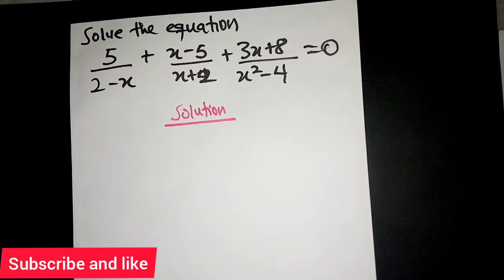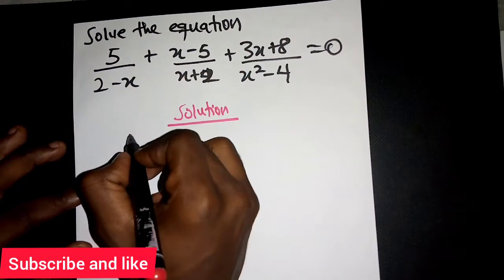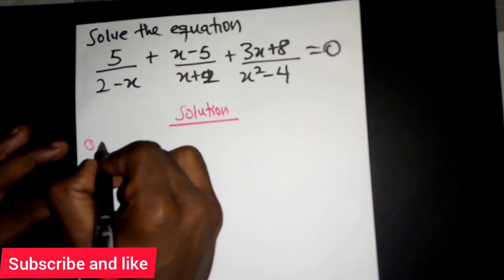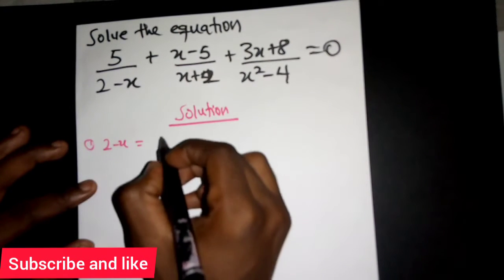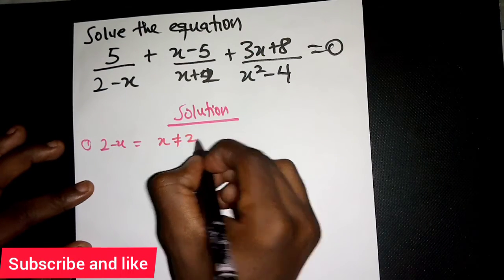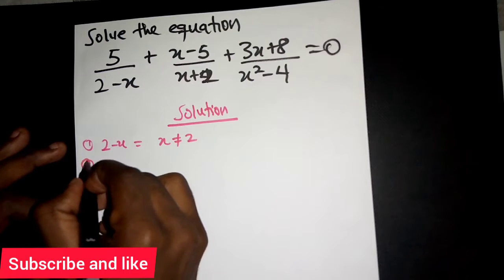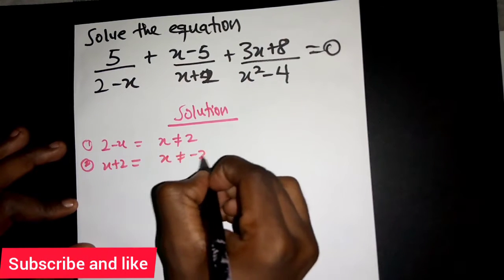We do that based on the denominators. For the first one, we have 2 minus x. In order for this to be defined, x shouldn't be positive 2. Then for x plus 2 to be defined, x shouldn't be negative 2.